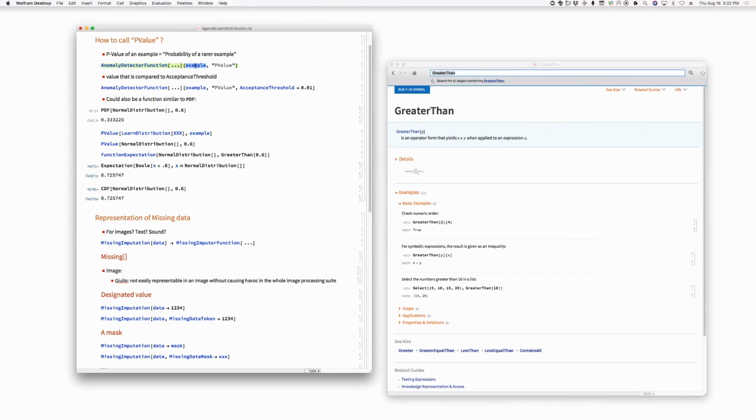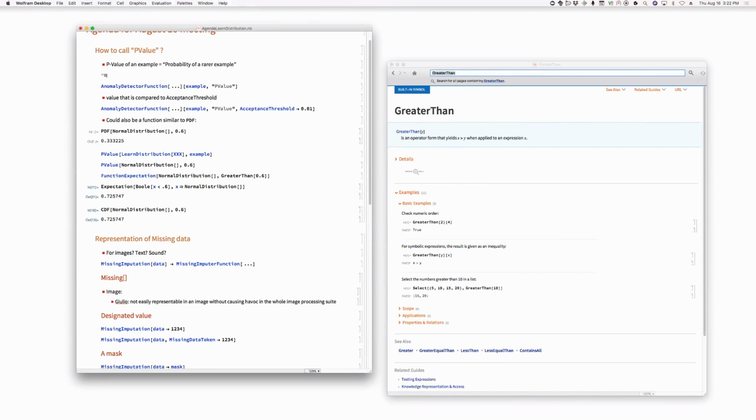Yes. Okay, so I think the name p-value is wrong here. What you're saying is the probability of a rarer example. That's the full name of this. In my case, that's what I meant by p-value. Yeah, probability of a rare example. Yes, that is correct. Simple as that. Okay, is there a name for it, rarer probability? I don't know.